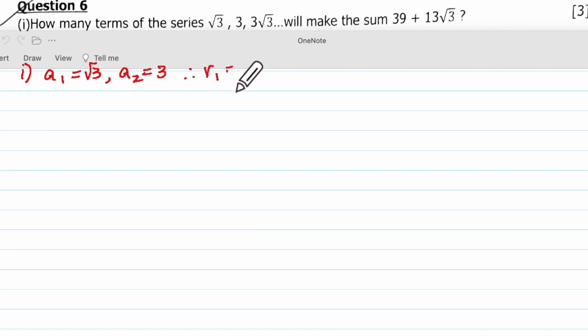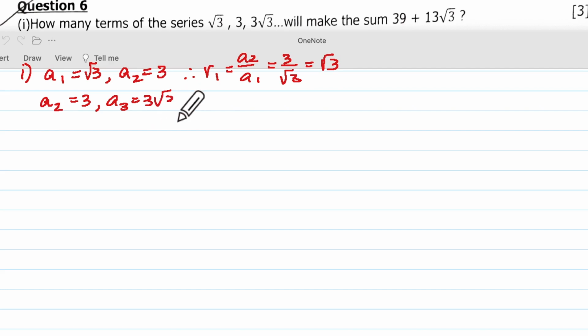Therefore R1 will be equal to A2 upon A1, which will be 3 upon root 3, which will be root 3. Then A2 is equal to 3, A3 is equal to 3 root 3, therefore R2 between the third term and the second term will be 3 root 3 upon 3, which again will give you root 3.